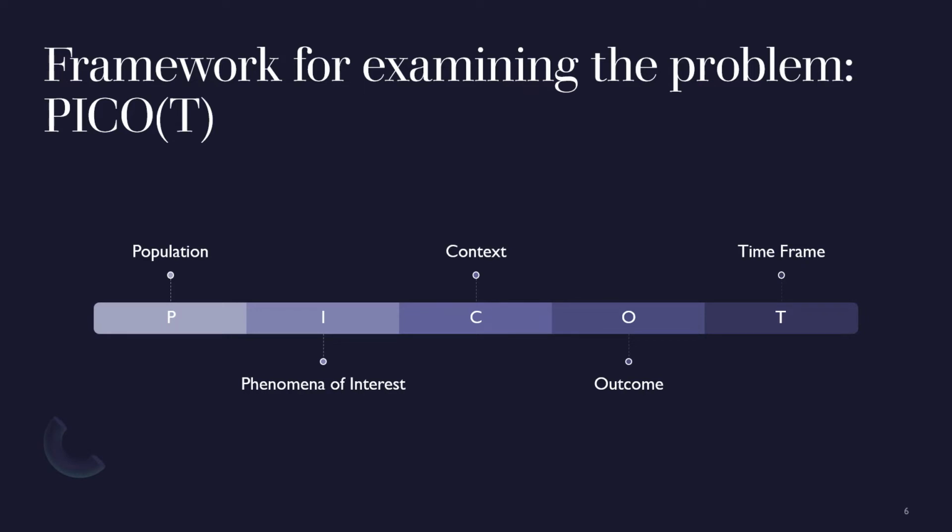The second is to look at the phenomena of interest. What is the intervention that you are proposing to examine, or what is the phenomenon, whatever observation that you're seeing among the population that you want to learn more about?